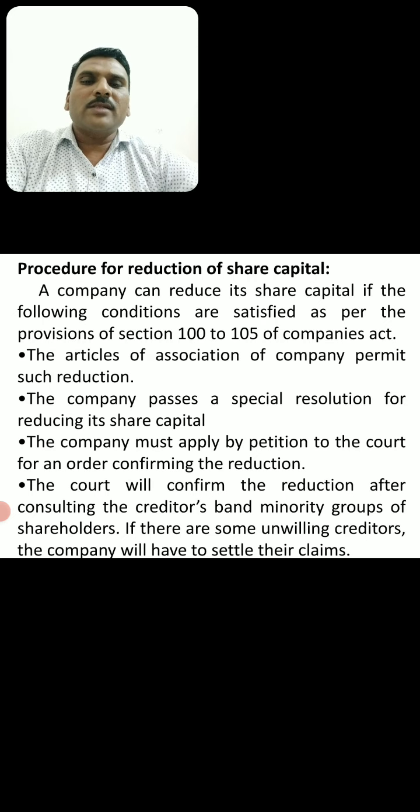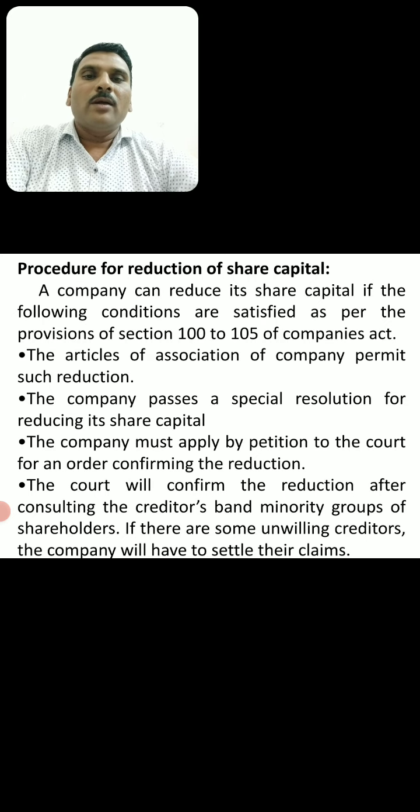Next, the company must apply by petition to the court. It has to take a special order from the court for the reduction of share capital. When the company applies for the petition, the court will first confirm the reduction after consulting the creditors and other minority groups.